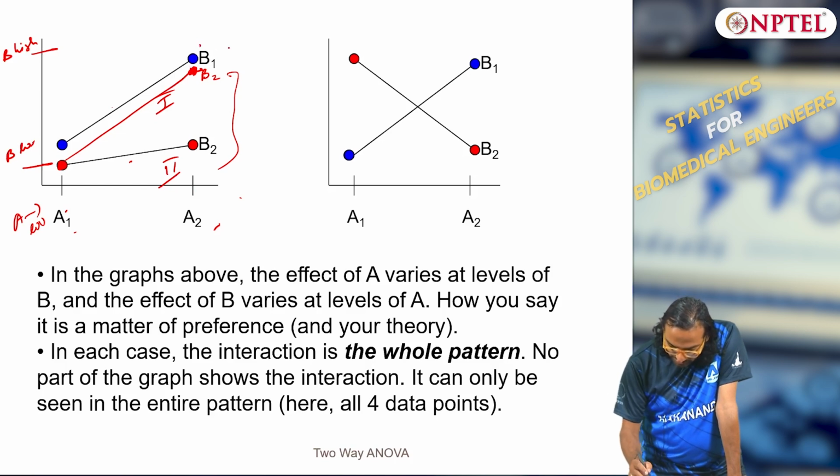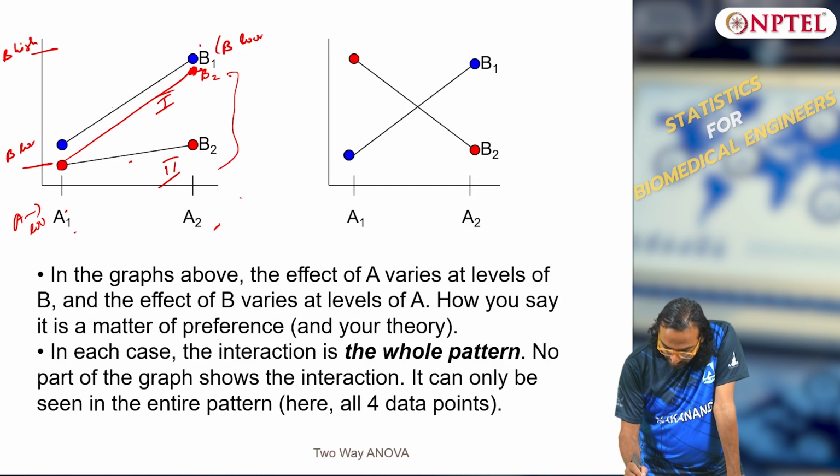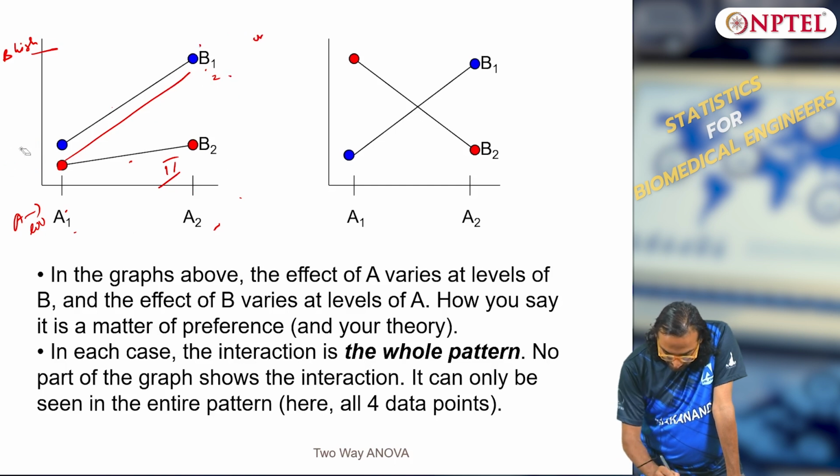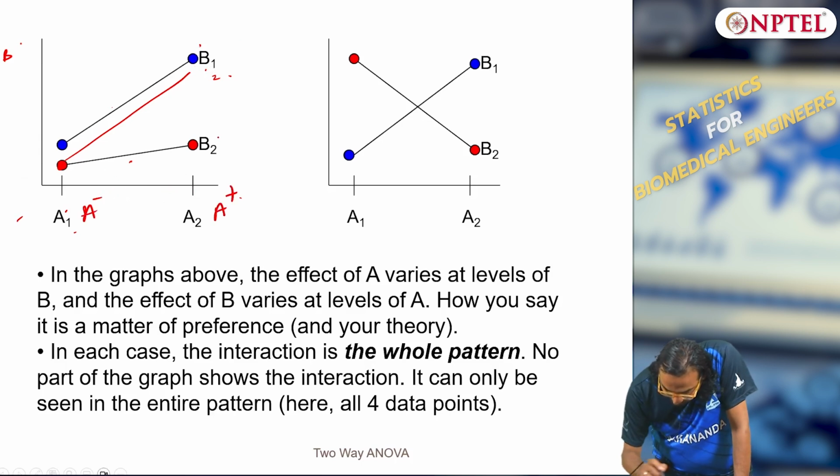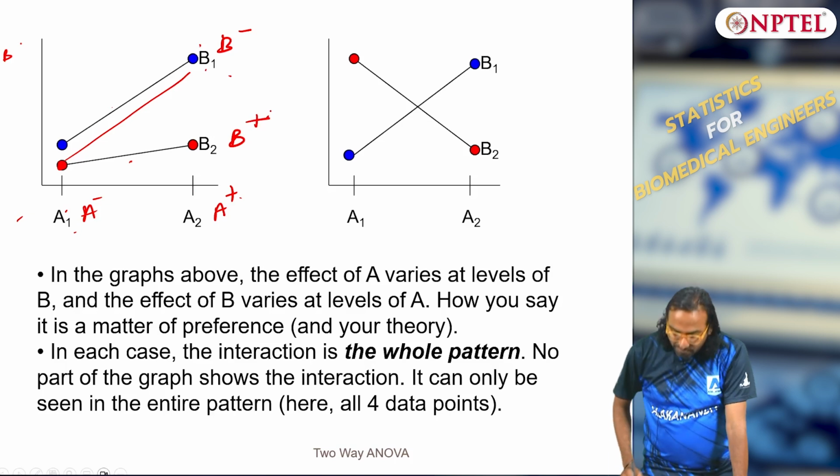B1 is B low. Instead, I will write it as A negative and A positive, that way it is easy. B1 is B negative, B2 is B positive.